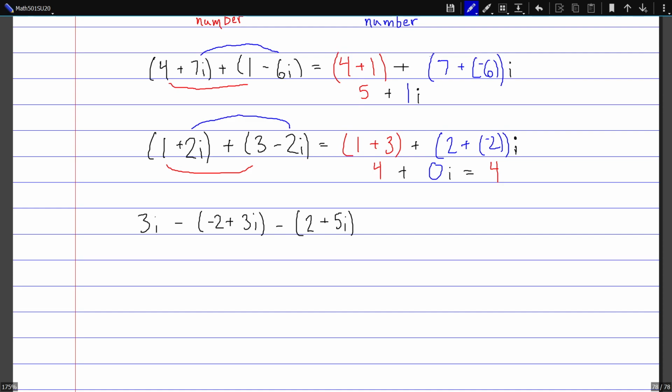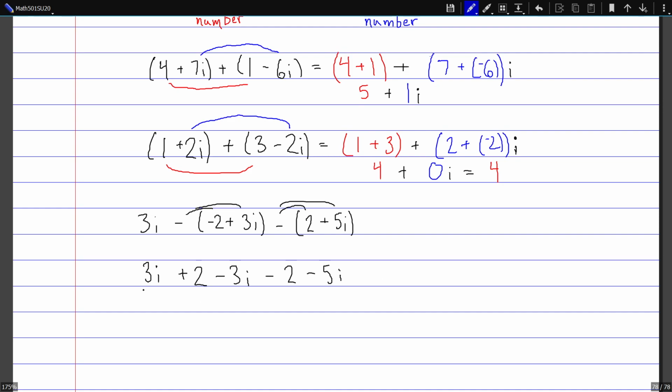So I'm going to do something that I would do normally with arithmetic. When I'm subtracting multiple parts, I like to distribute that negative to both. So before I do anything else, I'm just going to rewrite this as 3i plus 2 minus 3i minus 2 minus 5i. So I'm just distributing this negative and this negative before worrying about what comes next.